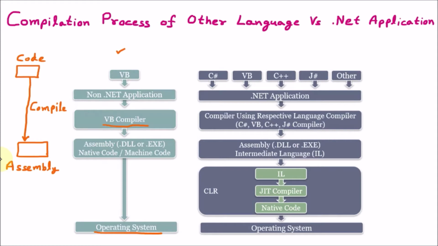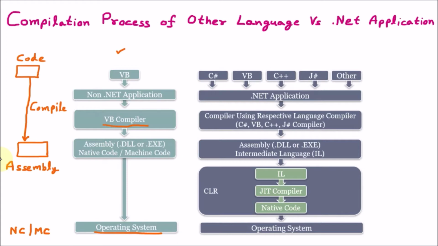Now, why does that code work on the operating system? Because our operating system works on the native code. What is that native code? The other name of native code is the machine code. So the language of 0101, the binary language, is called the machine code or the native code.